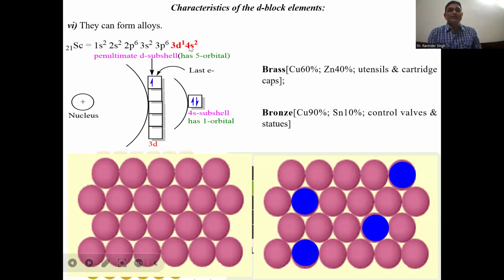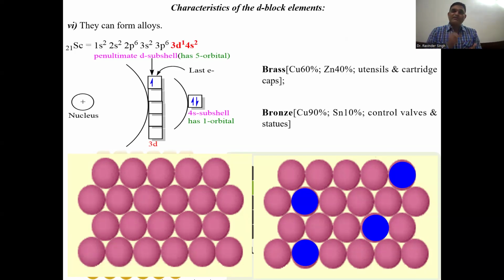You can see here, on moving from scandium to zinc, in the whole series from left to right, in all the elements the valence shell is 4s. And the number of electrons will also be the same on moving from scandium to zinc, that is 4s2.